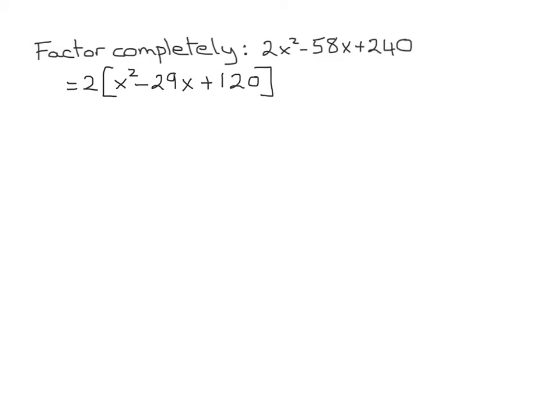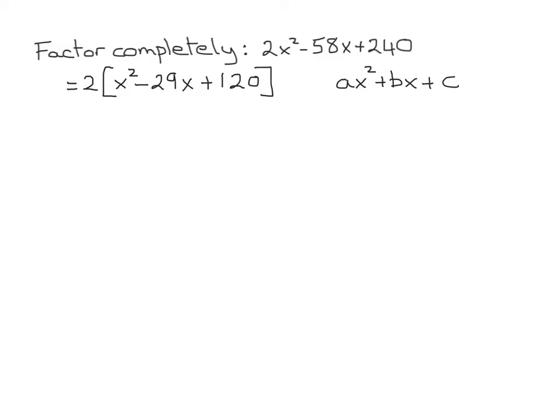So now I'm going to concentrate on factoring this trinomial, and it's one of the easier ones because the leading coefficient of the x squared term is 1. Remember, in all of these, we compare it to ax squared plus bx plus c.